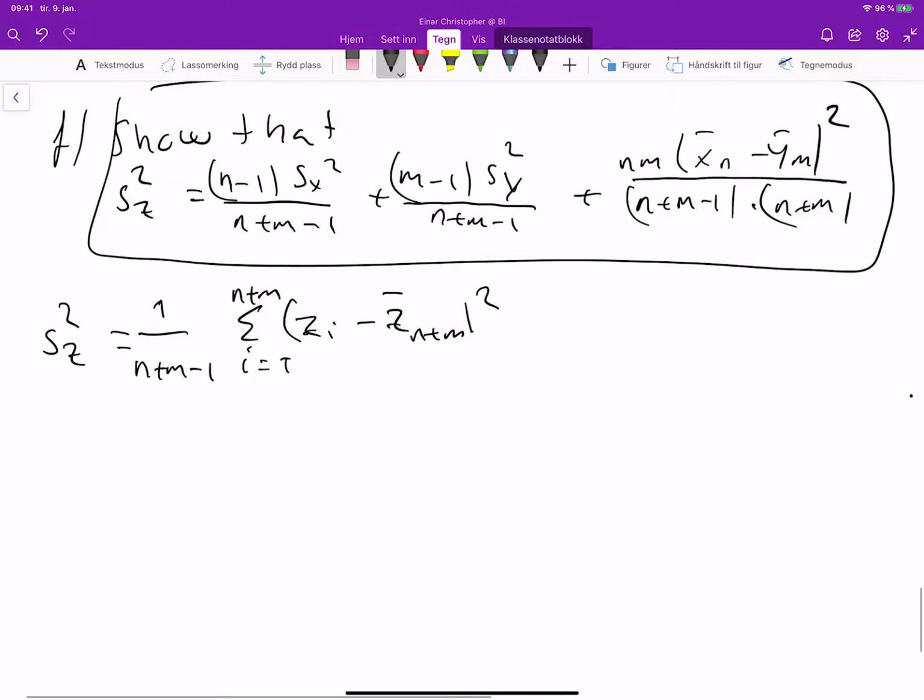And now, there are many things we can do, but we start like this. So then we get 1 divided by n plus m minus 1.